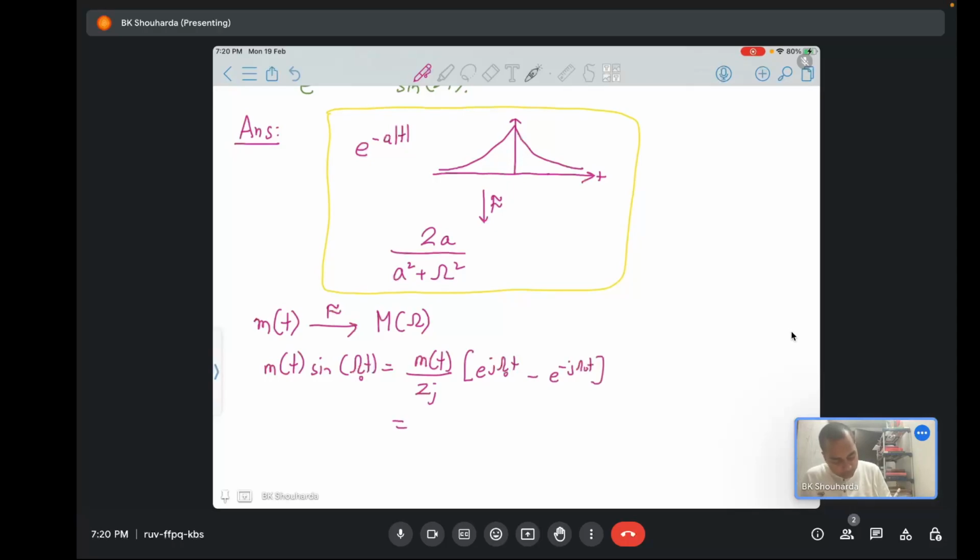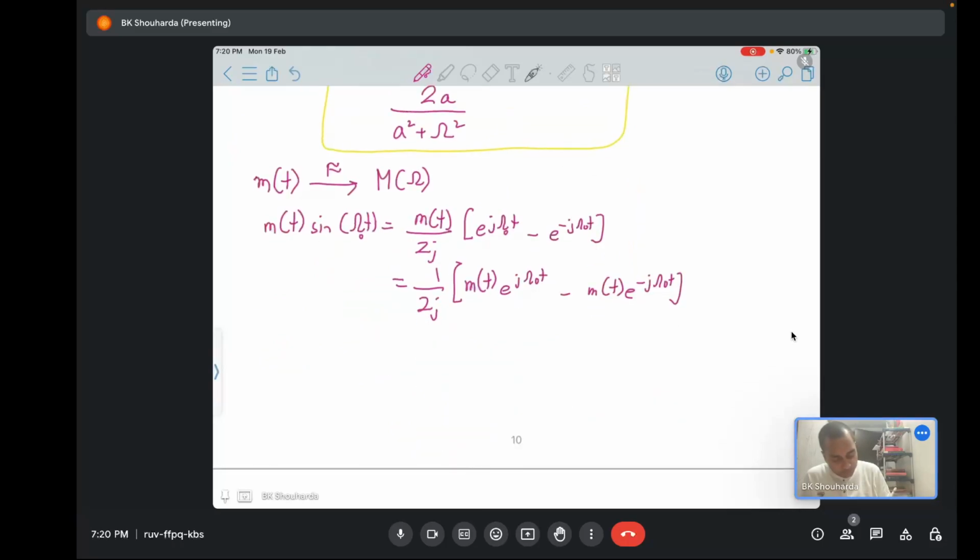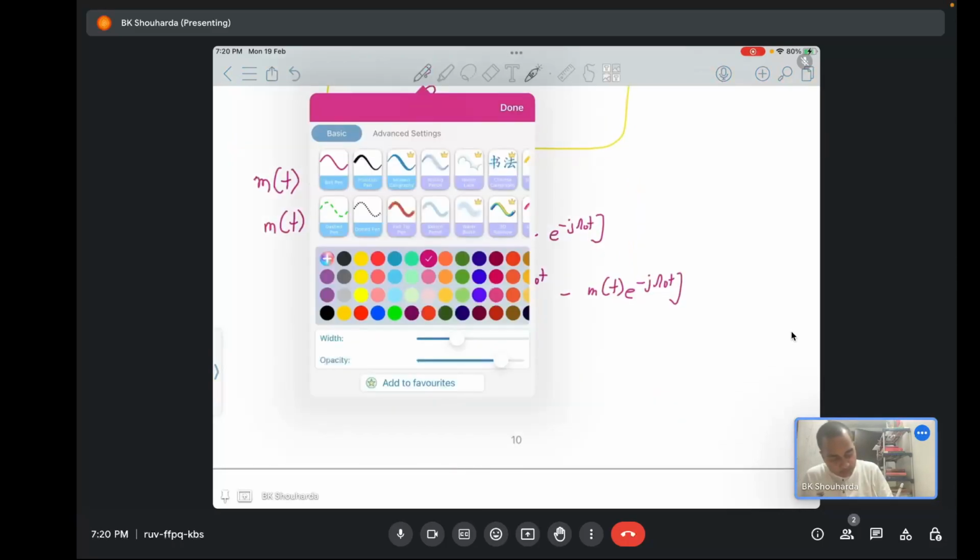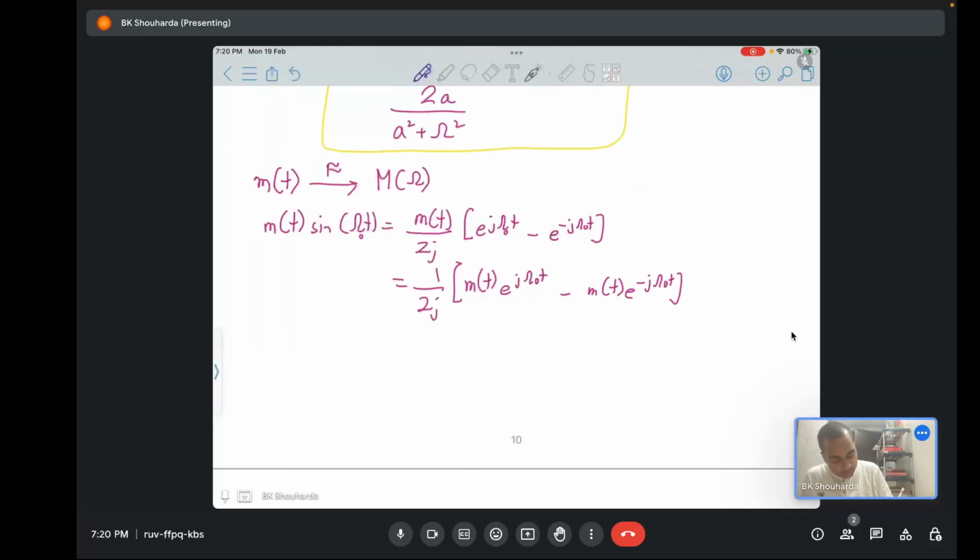Now we use the complex modulation formula that I had just mentioned in the beginning of the session. So what was that? This one would give me M(ω minus ω0), and this will give me M(ω plus ω0).